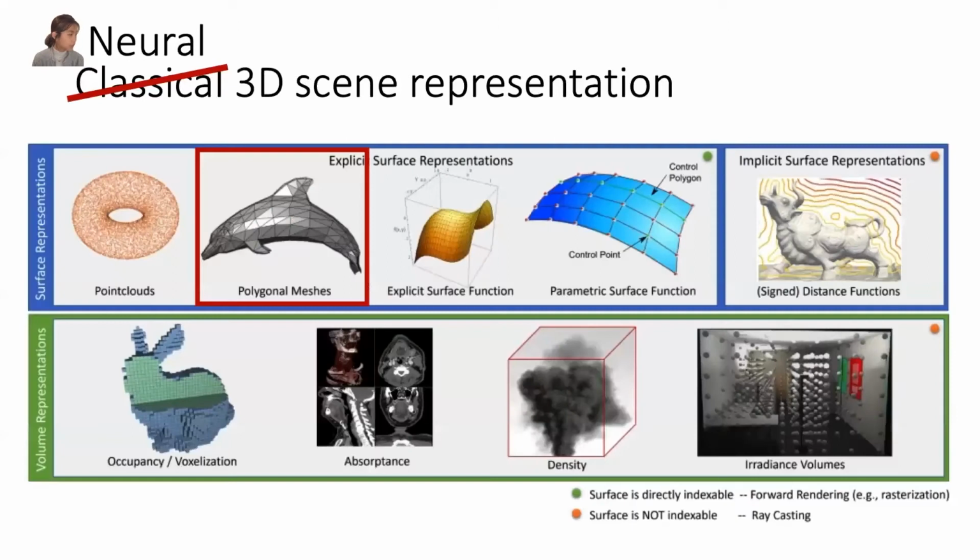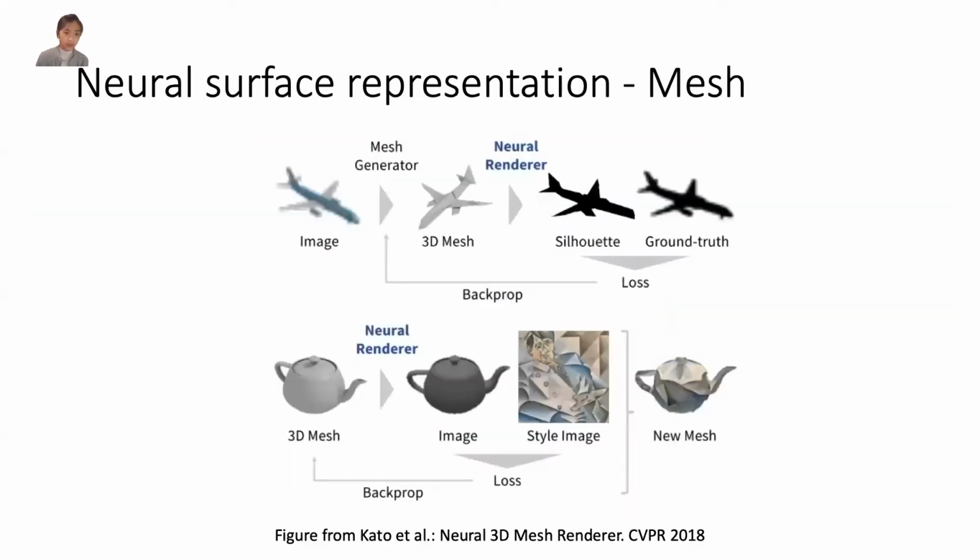Now let's move to the mesh representation. Meshes, by having connectivity information, can model surfaces quite efficiently. And vertex positions and textures can now be represented by the neural network. Here, Kato et al. proposed the first differentiable mesh rasterizer, which makes it possible to modify mesh geometry and texture from 2D silhouettes and 2D images.